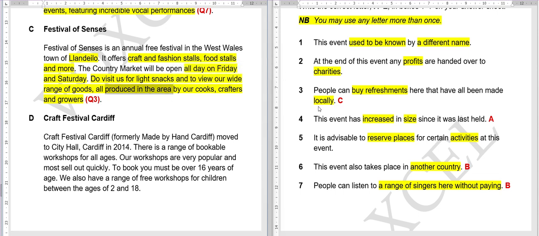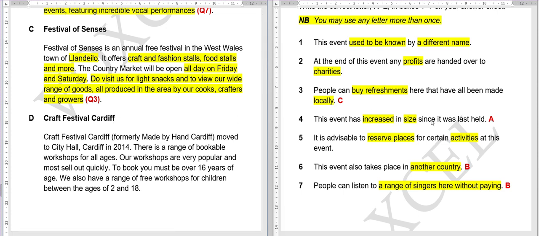So, in the area meaning to say locally. So by cooks, obviously growers. So if you're buying refreshments, so you're buying snacks. So these are your refreshments, and these are produced or made in the area by our cooks. I hope it is clear.